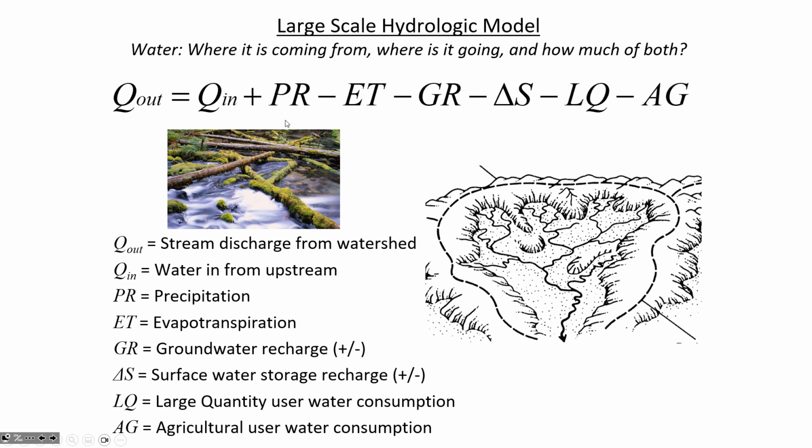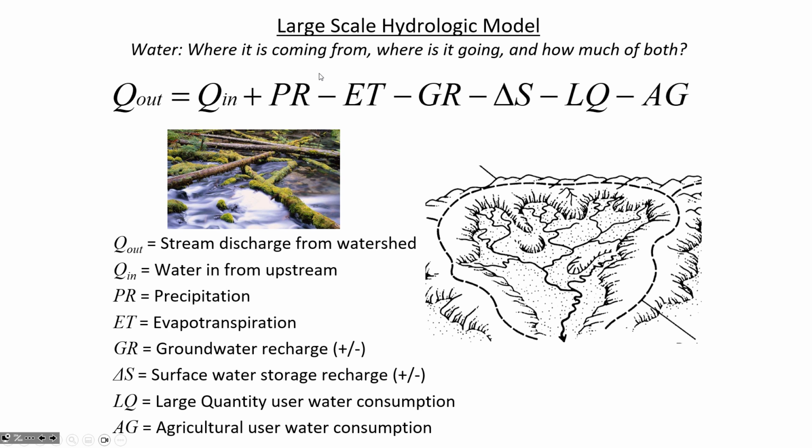That's the moisture that's falling from the sky, whether it be snow, hail, sleet, rainfall, or fog. Could be dew that's falling at night when it reaches the dew point. But there's precipitation that's coming over the surface of the watershed. And so those are both inflows. That's water coming into the watershed.